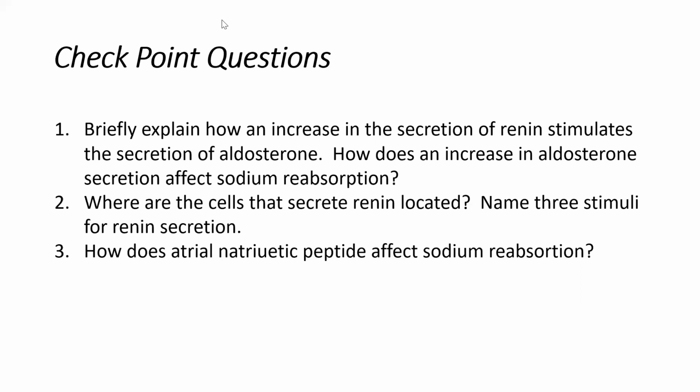So who can summarize the flow of how do we get from renin to aldosterone? Any ideas?